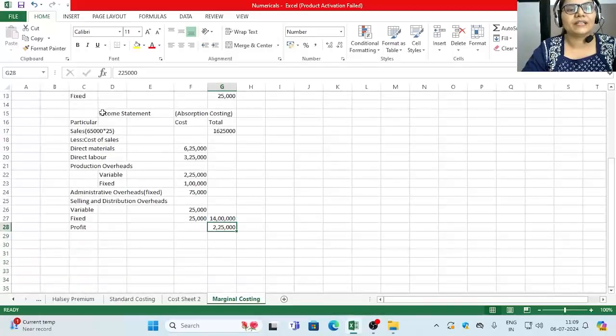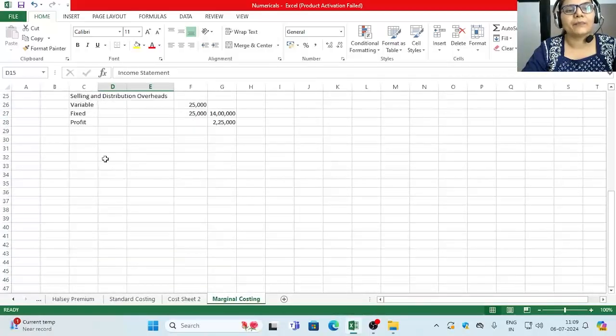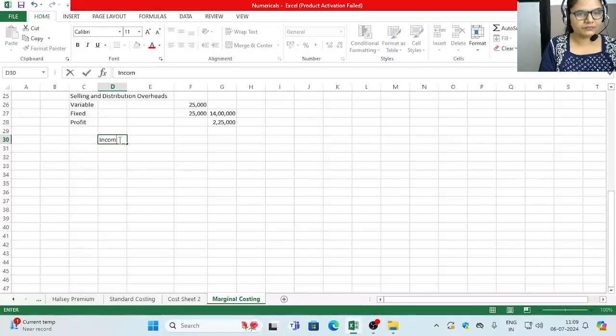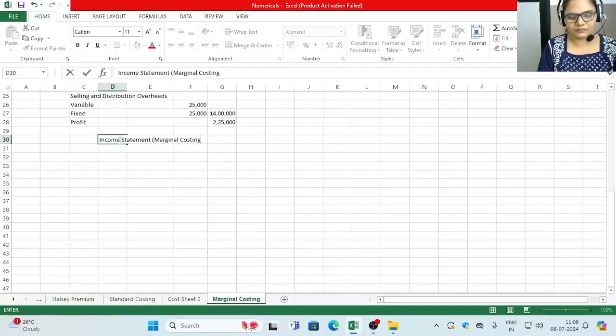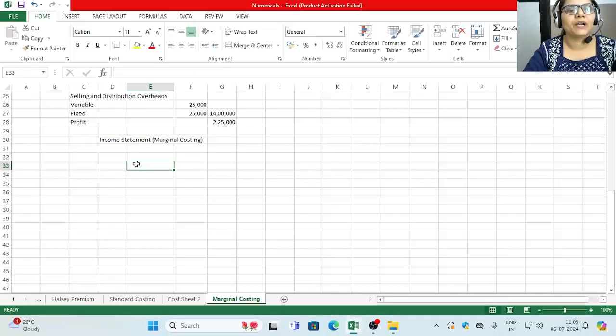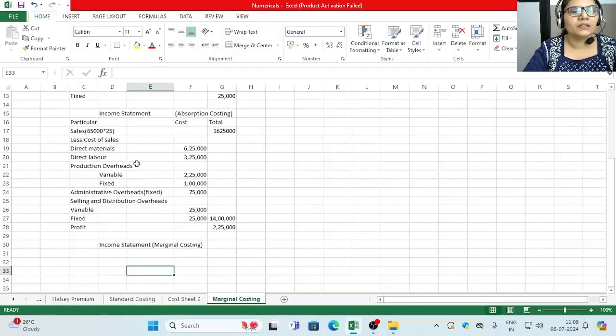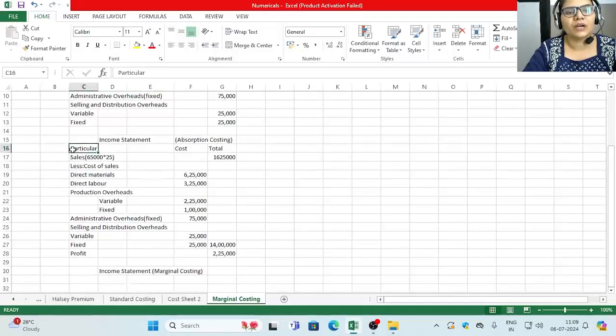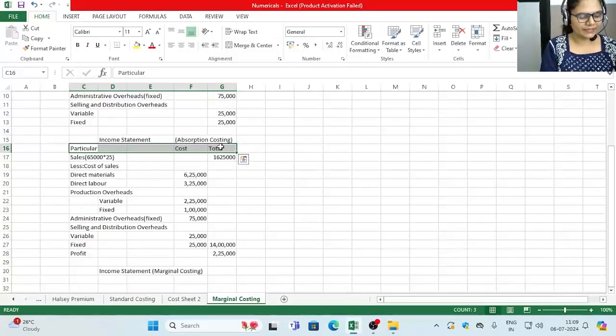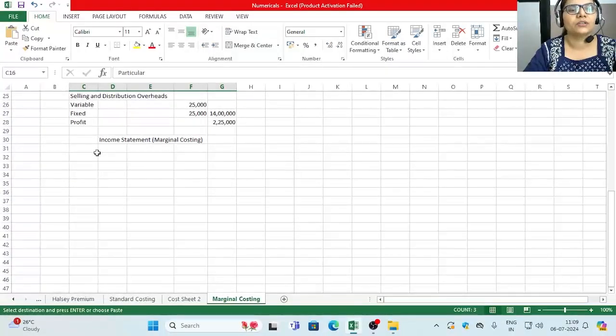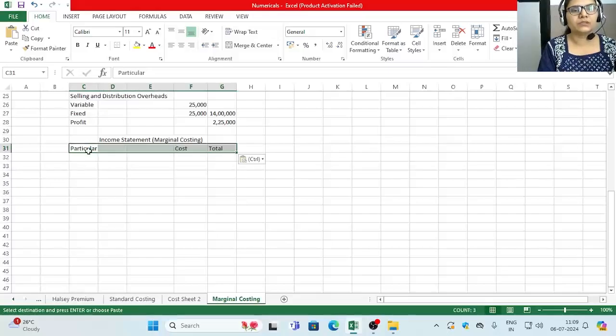Now next is the income statement under marginal costing. First, without any second thought, we will carry on this format over here also.